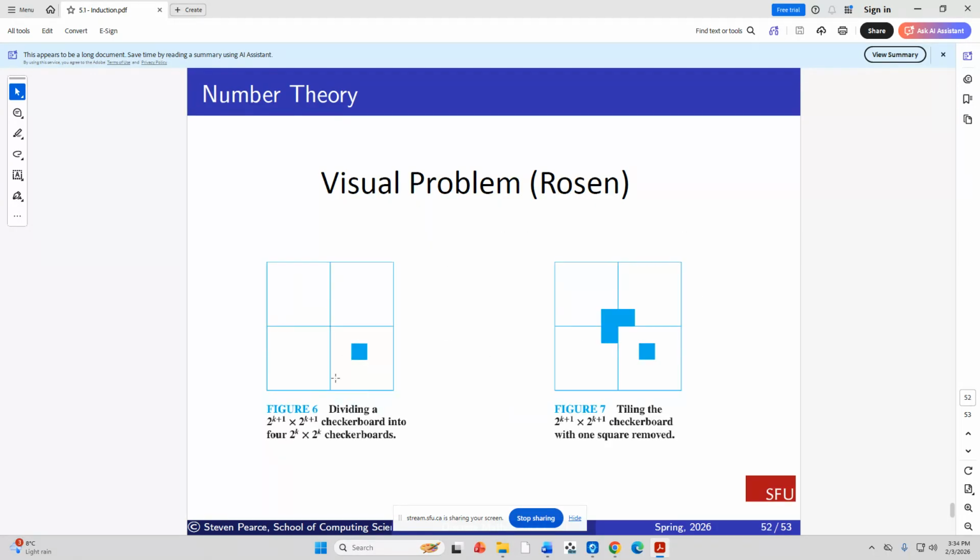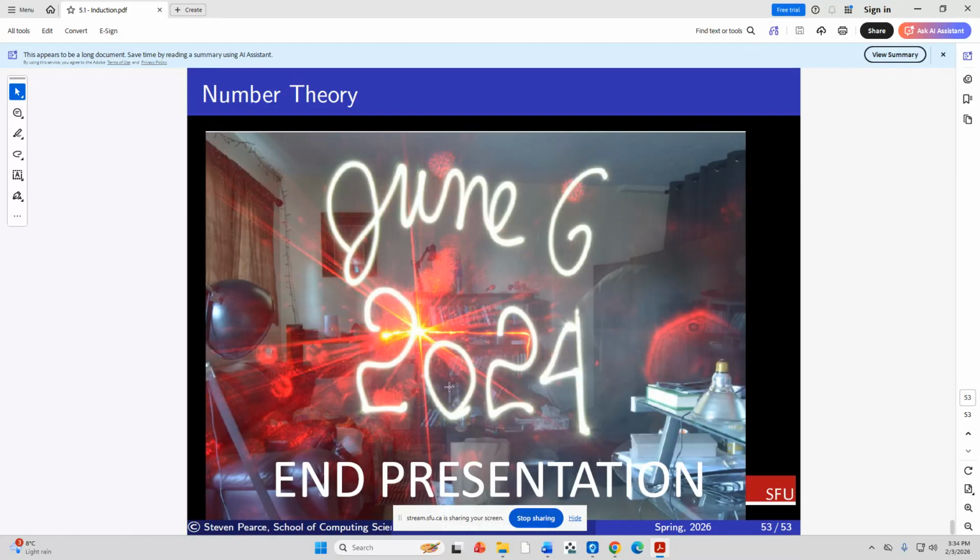So here is a 4 by 4 with one square removed, and all we have to do is put a tromino in the middle, and that's showing that we can get from the kth to the k plus first step visually. This isn't a proper rigorous proof, obviously, because we only showed it for one step. We didn't show it for k to k plus 1, but you get the idea of how things work in terms of visual cues and so forth. Okay, that's enough of that.